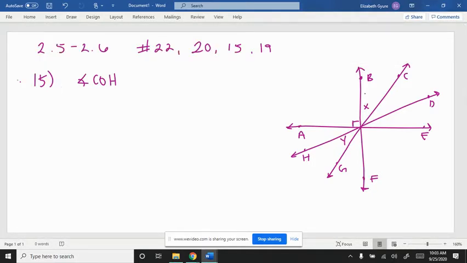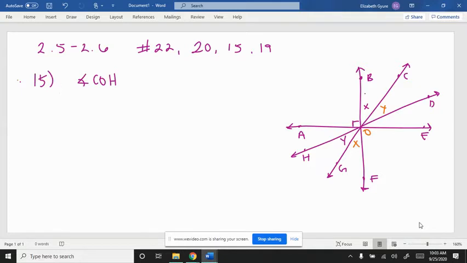Like, oh, and I forgot my O here, but if angle BOC is X, then we know angle GOF will also be X because it's vertical to it. If we know angle HOG is Y, then we know COD would also be Y. So some of those things could be helpful. I would always label that first.